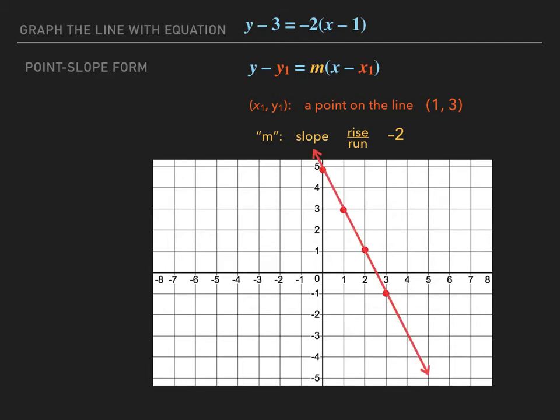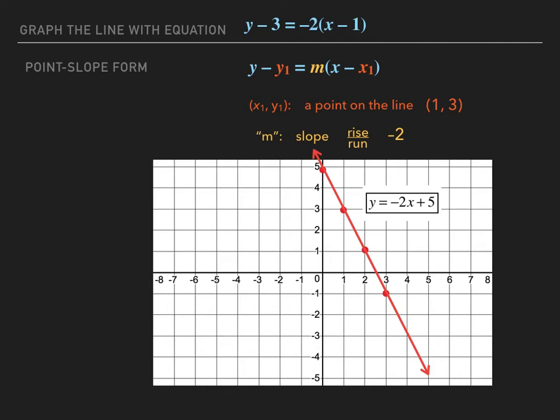Y minus 3 equals -2 times the quantity x minus 1. I graphed it right from point-slope form of the line. If in fact somebody were to ask me, what is this equation in slope-intercept form, I don't need to manipulate the equation algebraically. I can just look at my graph and I get y equals -2x plus 5.